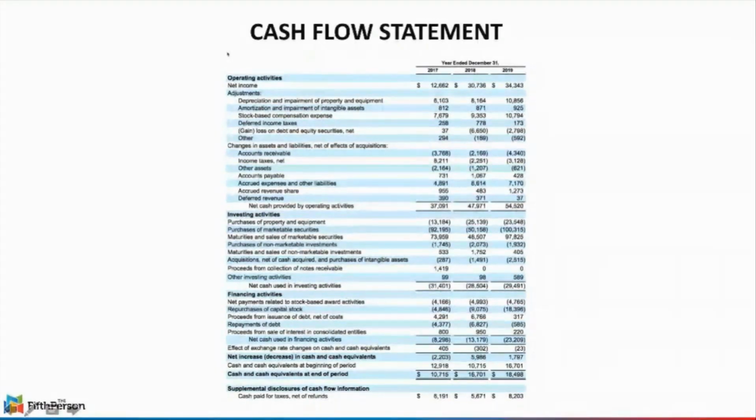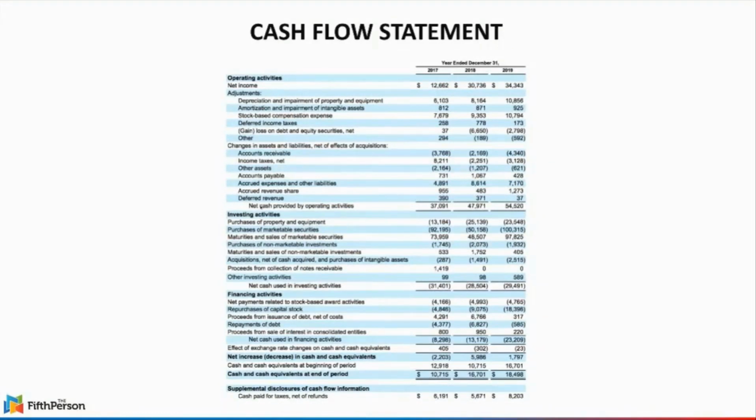So inside your cash flow statement, there are three things that you look at: your operating activity, your investing activity, and your financing activity. Okay, so your operating activity is the cash in and out flowing based on your operating business. That means your daily core operating business.